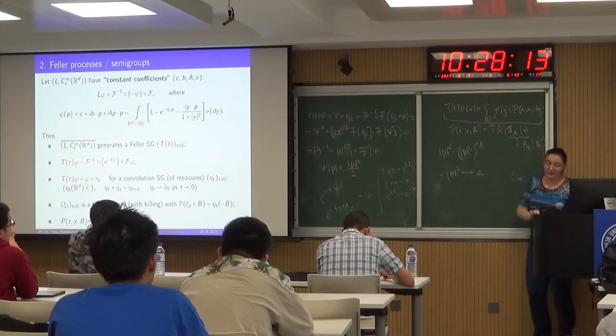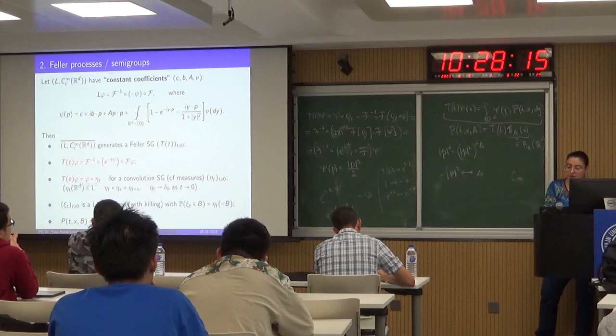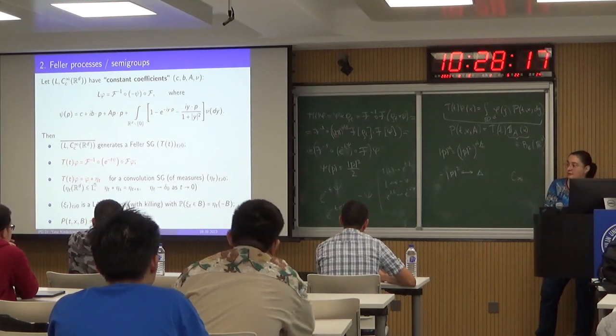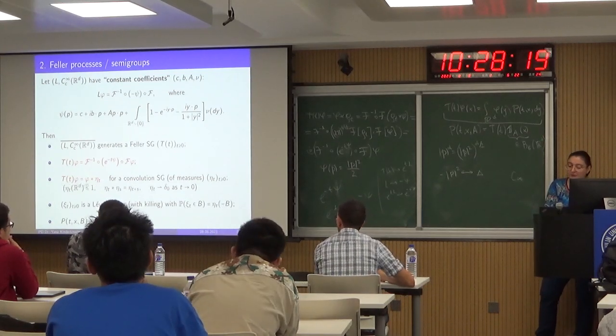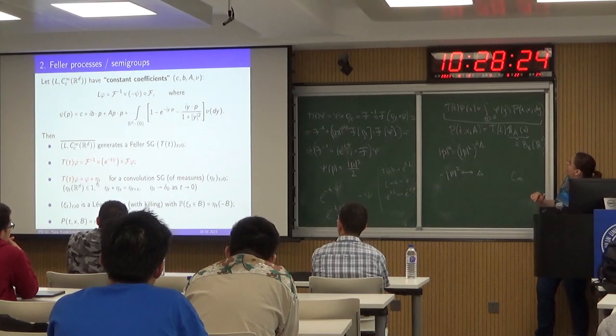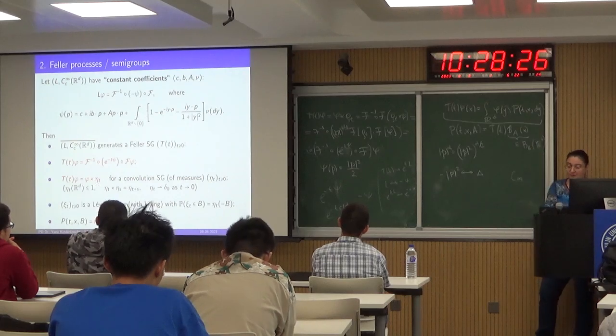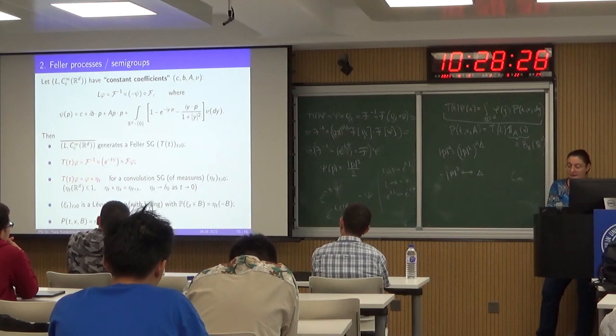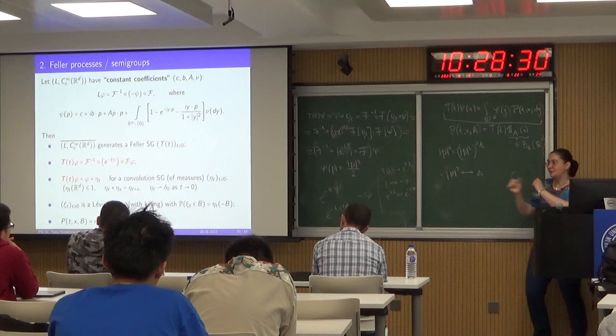On the one hand, on the other hand, we have this representation. So T_t is a family of integral operators acting like this, and that's why we can calculate what P is. P is given in terms of this eta and a change of variables.